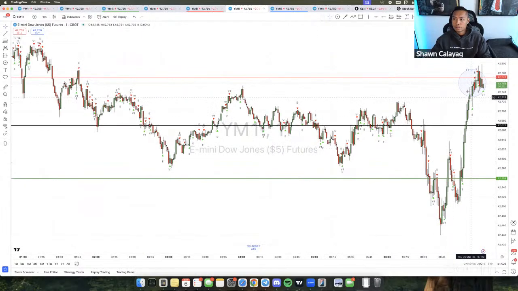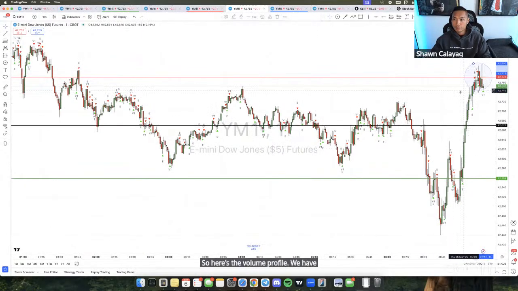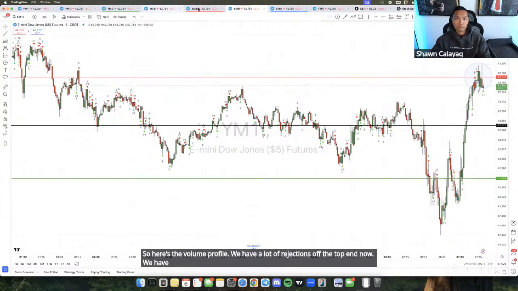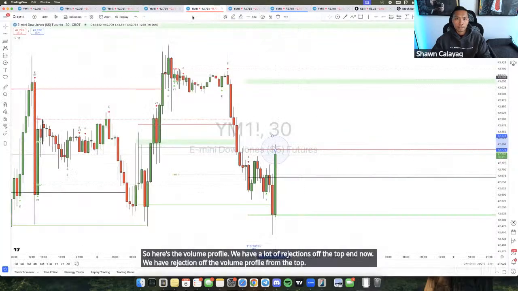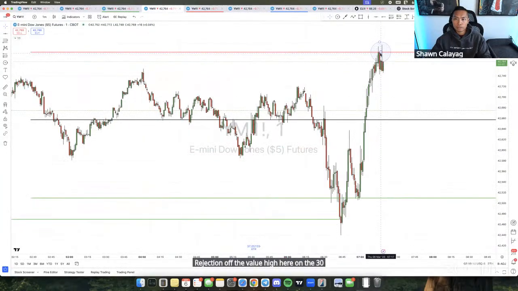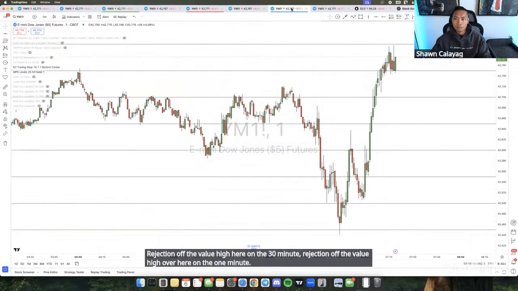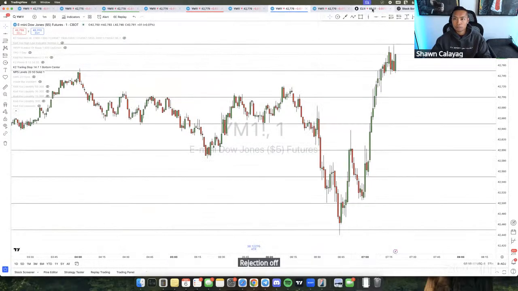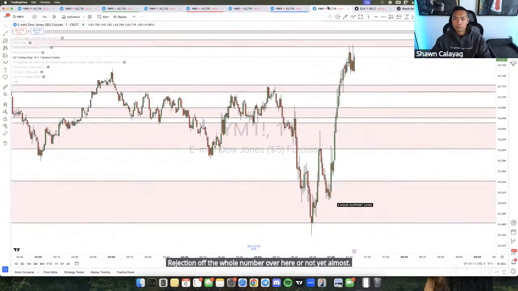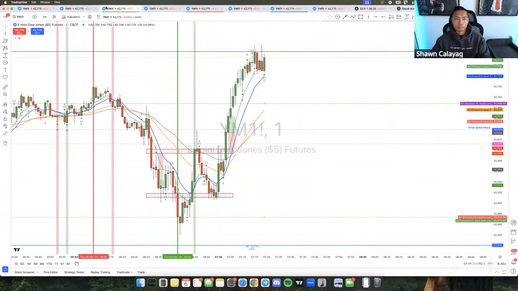So here's the volume profile. We have a lot of rejections off the top end now. We have rejection off the volume profile from the top, rejection off the value high here on the 30-minute, rejection off the value high over here on the 1 minute, rejection off the whole number over here, or not yet, almost. And rejection off support up here. Price here is now consolidating, it looks like.